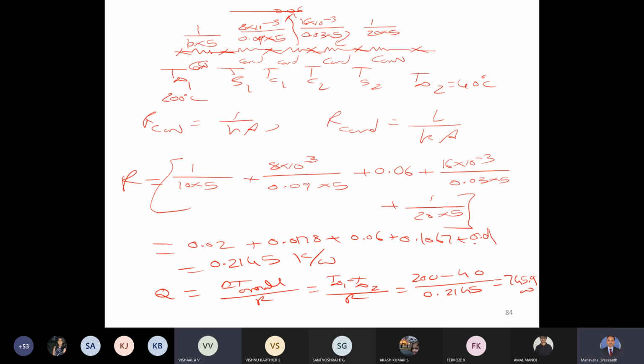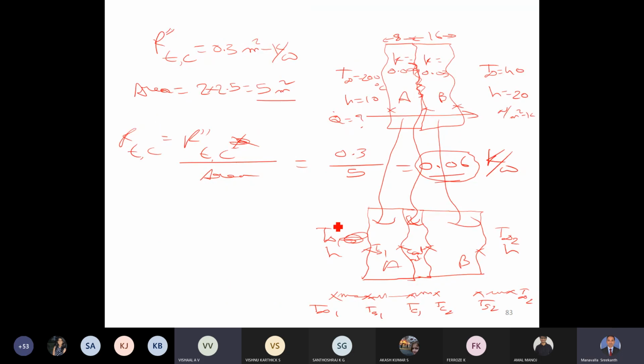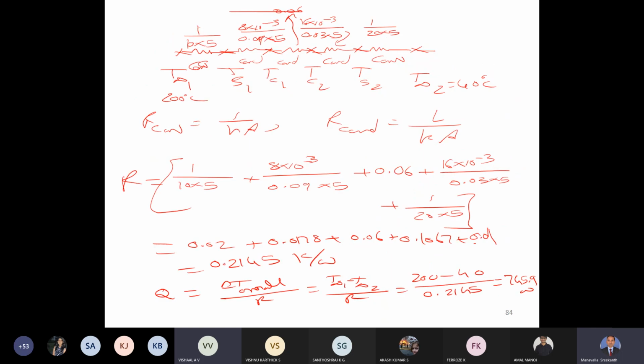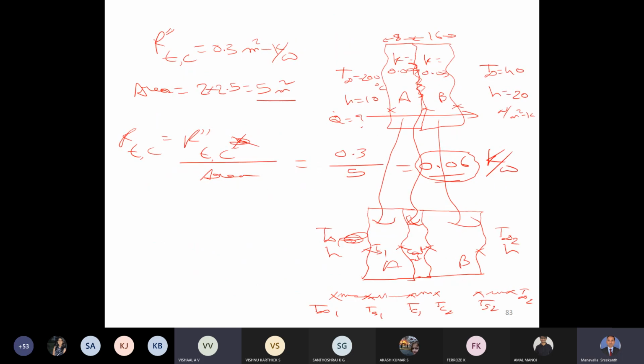This is the heat that is being transferred across each of these sections: from the fluid to the wall, inside the first slab, inside the contact resistance, inside slab B, and to the fluid outside wall B. All of these are carrying a heat in series, a heat of 745.9 watts. Okay, so we need to find out.